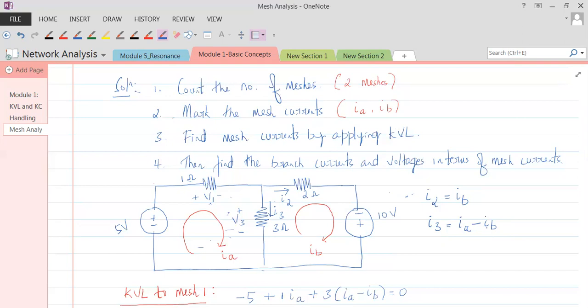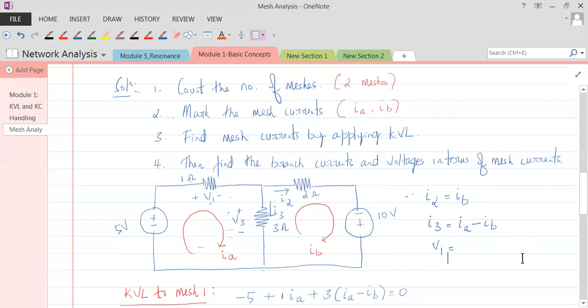Now, they have also asked us to find V1. See here is V1, right? Now, what is voltage? Voltage is current into resistance. So which current is flowing through 1 ohm? V1 is the voltage across 1 ohm. Voltage is I into R, where IA is I and R is 1 ohm.